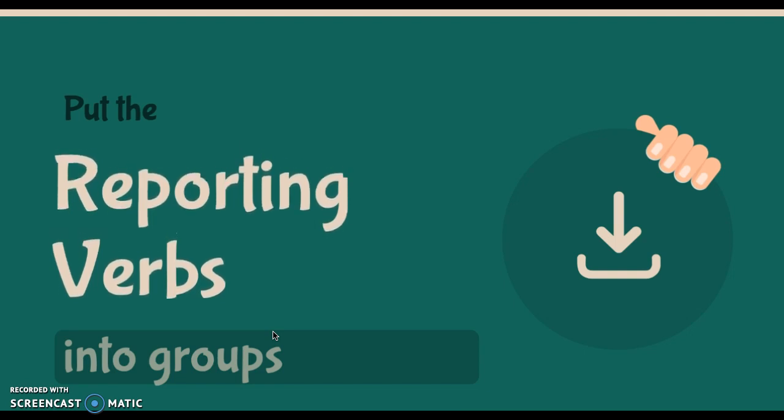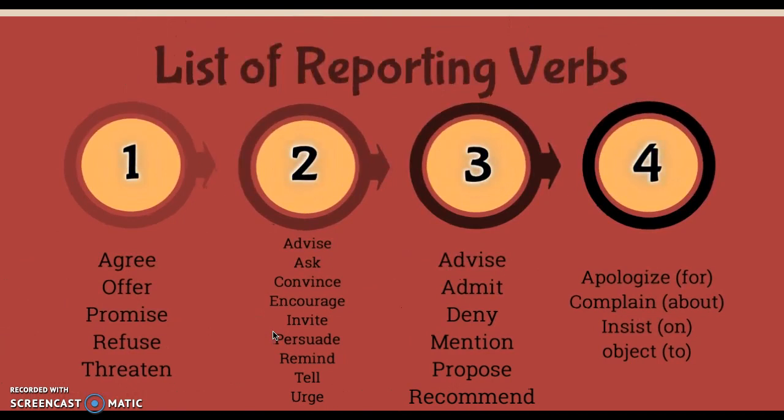As I said before in the first part, there are 4 principal or main verbs to use as reporting verbs. But there are a lot of reporting verbs, and I made a list for you. You can check and take notes about it, please. In the first pattern, we have agree, offer, promise, refuse, and threaten.